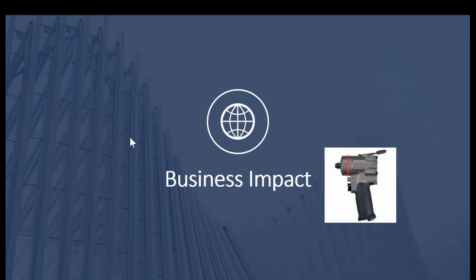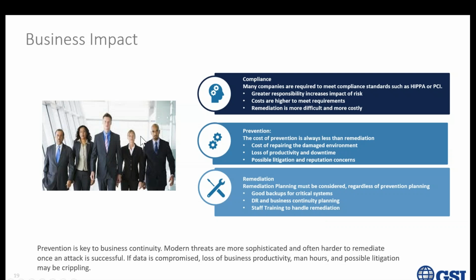So let's talk a little bit more about those business impacts. Many companies, if you're a public company, are required to meet compliance standards such as HIPAA or PCI. I was just reading last week that if you do business in the state of New York or are located in the state of New York, and you have more than 50 employees or over $3 million in revenue, you are now required by law to comply with their NIST CSF standards.